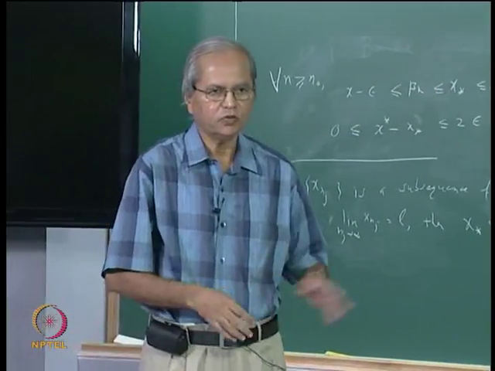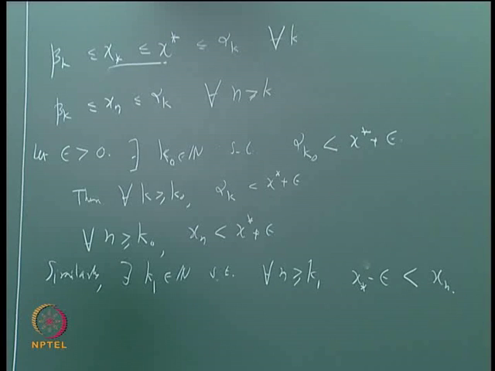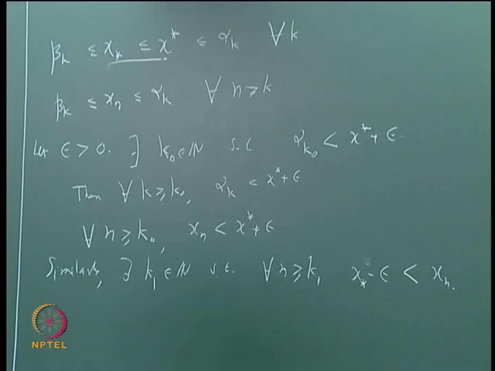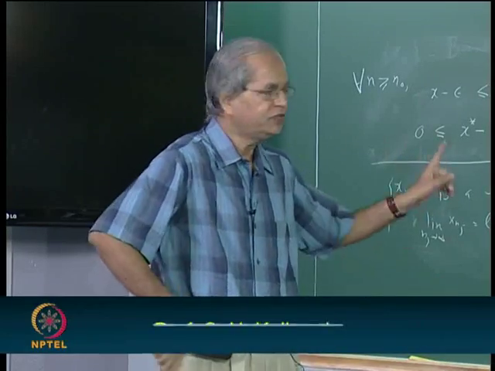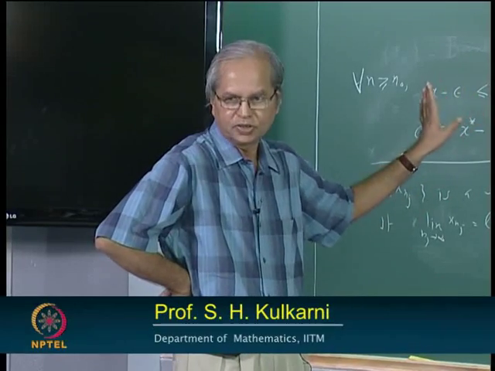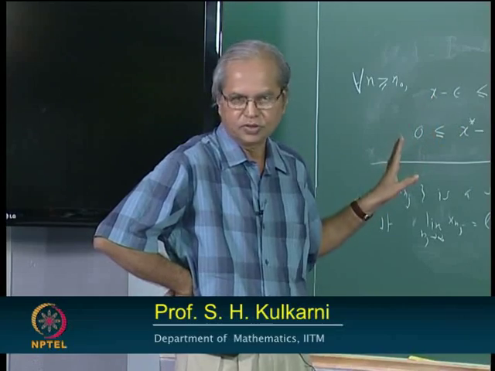Of course if the sequence is convergent, those two are going to coincide, and then we have already shown that a subsequence will also converge to the same limit. But if the sequence is not convergent, then subsequences may converge to different limits. But all of them must lie between these two numbers.